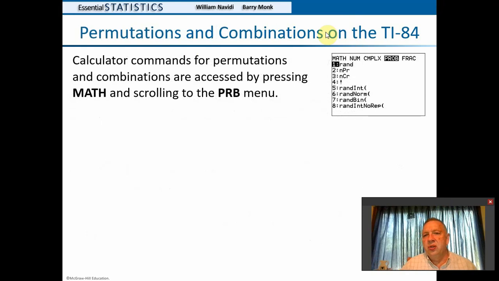So here's how we can do this on the TI-84. The TI-36 and the TI-30 have their own peculiar ways to do it; we can cover those in lab. On the TI-84, I enter the math menu, go over to the probability menu with the right arrow, and go down.